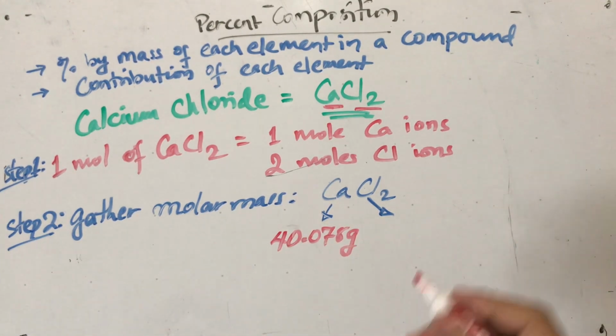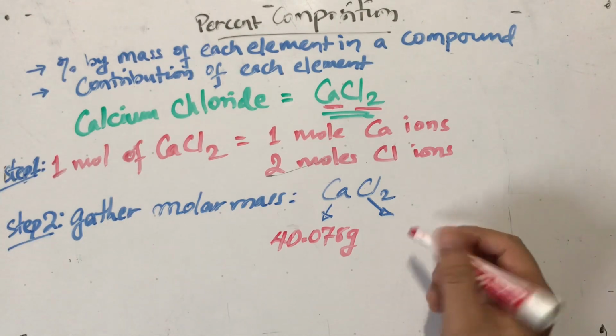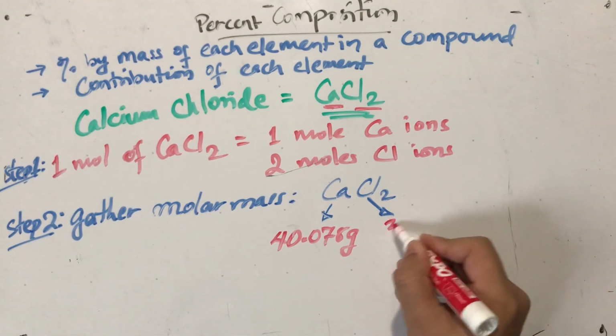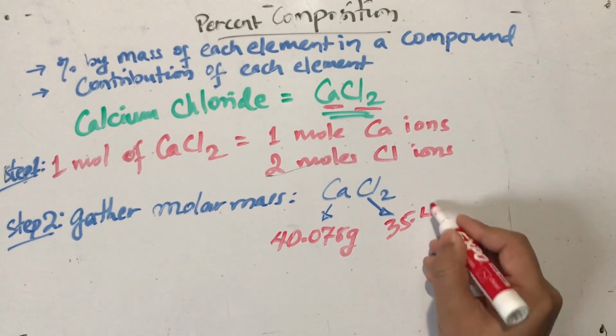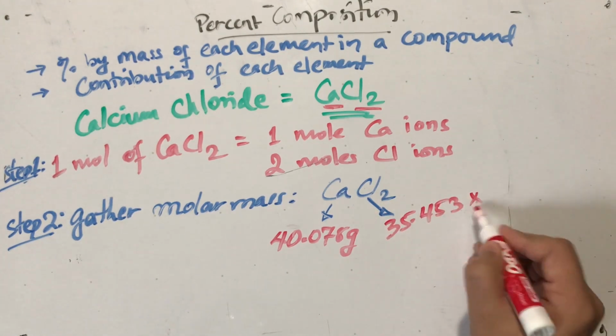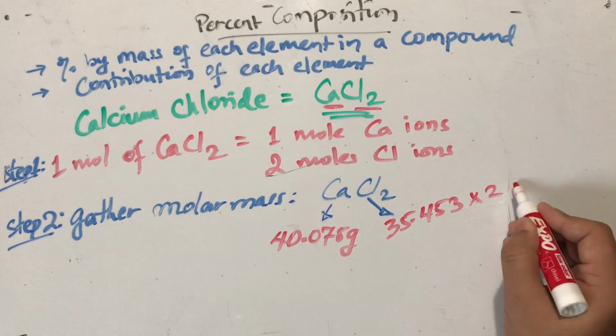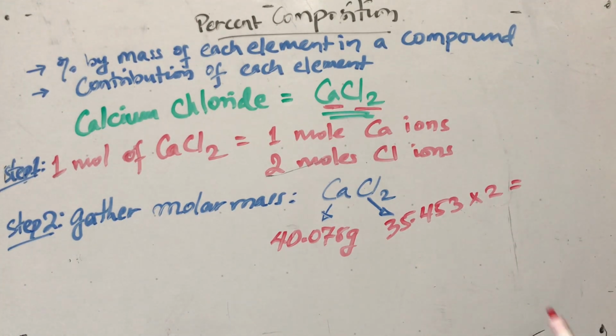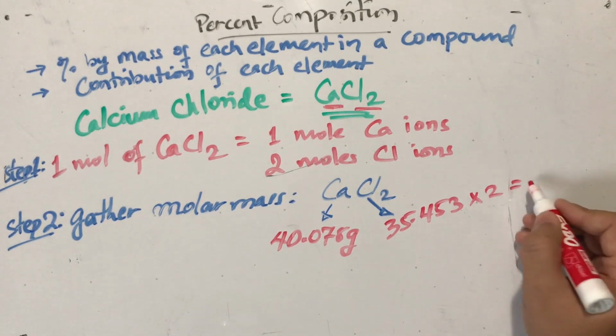For chlorine, the atomic mass is about 35.453, and there are 2 of them, so you multiply that by 2.